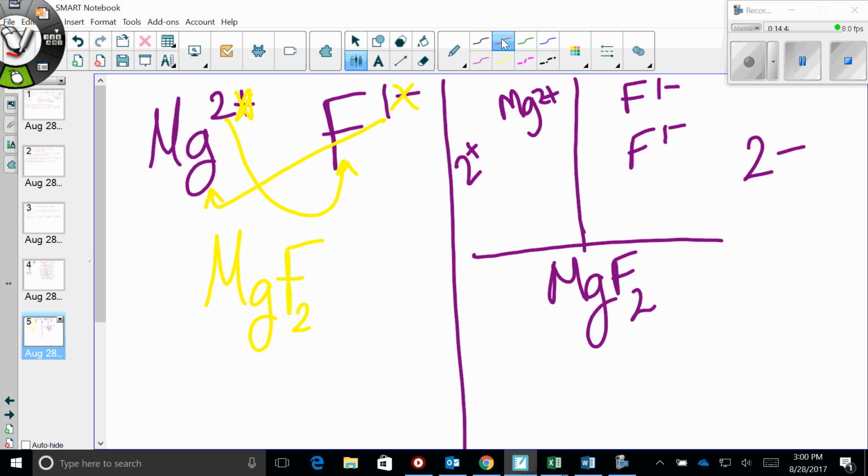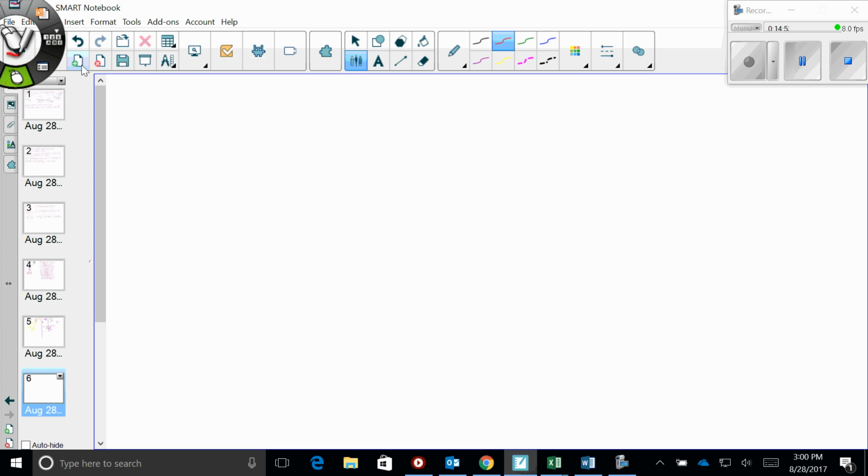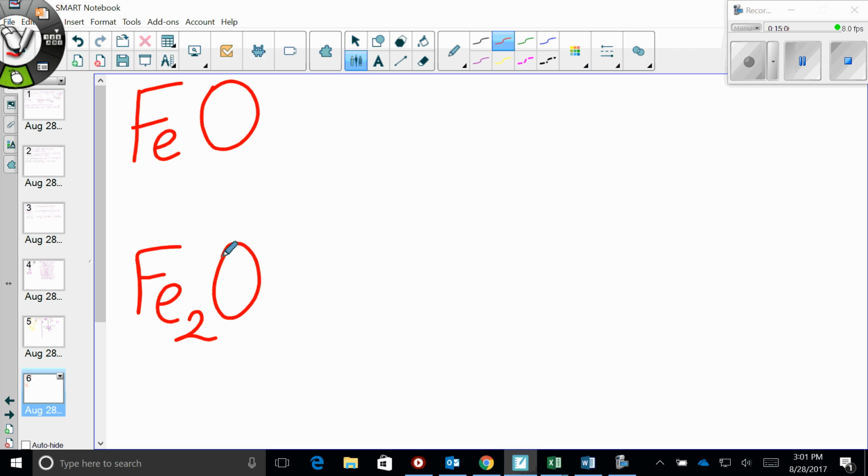Alright, let's try one of these. What's the name and what's the difference? Looks like iron oxide. They are both iron oxide. But what's the difference? What's the charge?